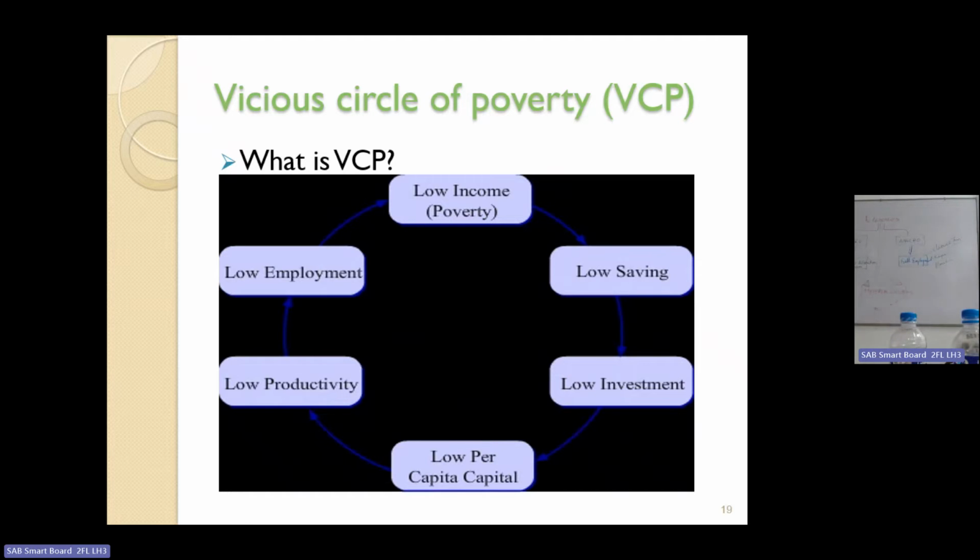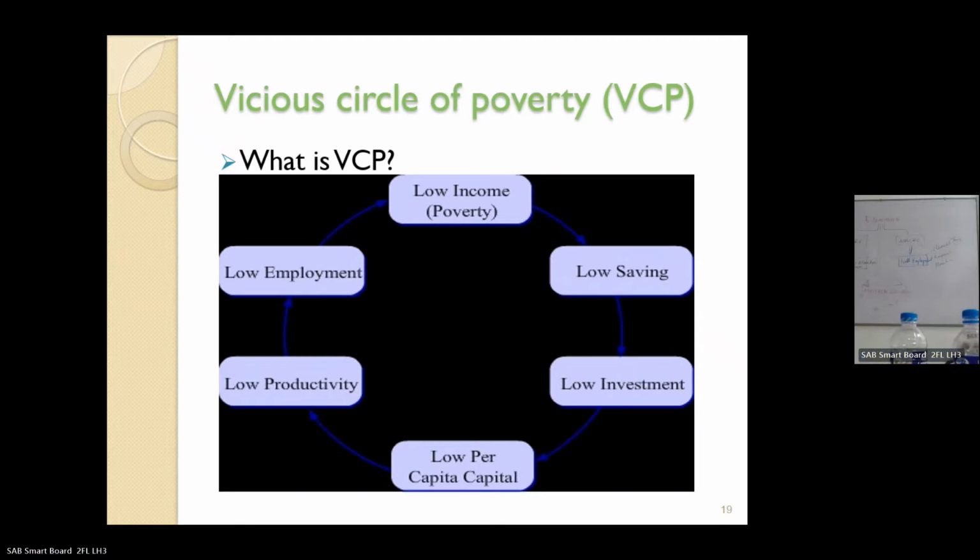If there are lower savings, that will end up with lower investment. Lower investment means lower capital accumulation, because capital accumulates with the investment. If you invest in more and more projects, it will accumulate the capital.